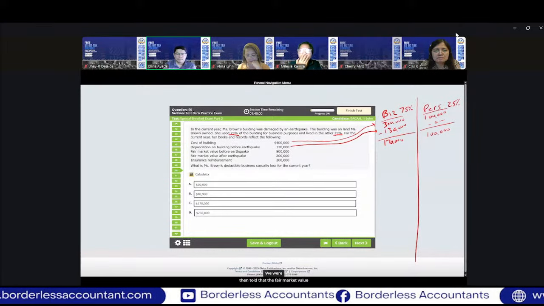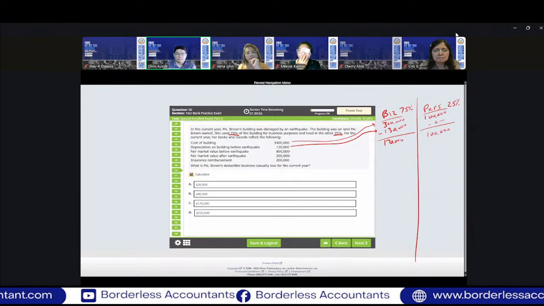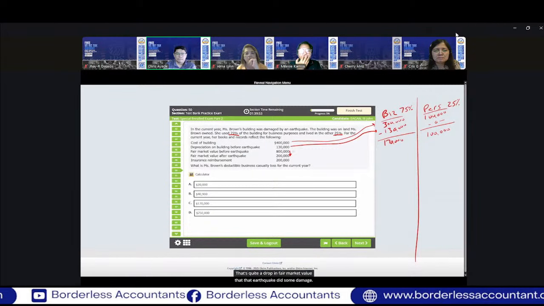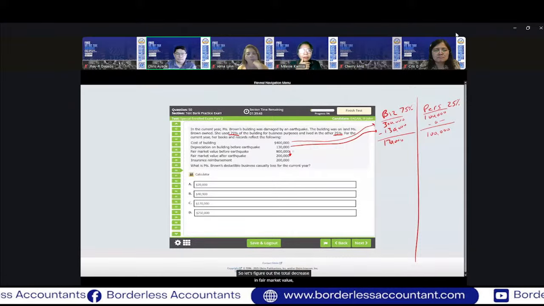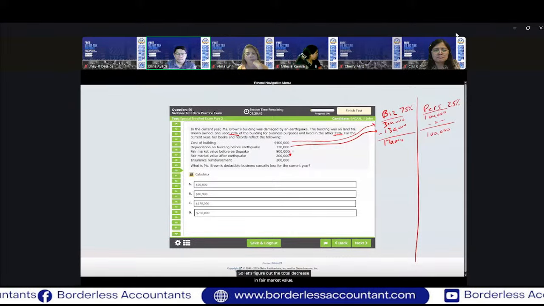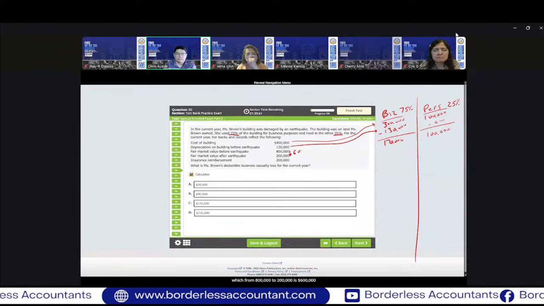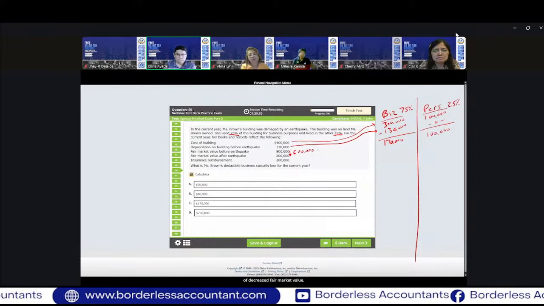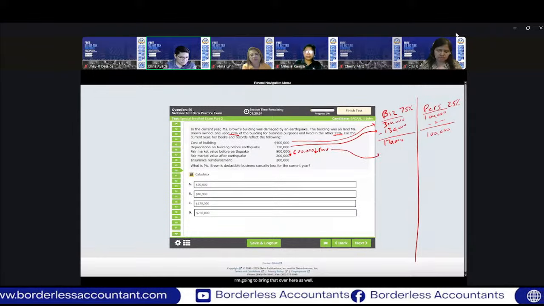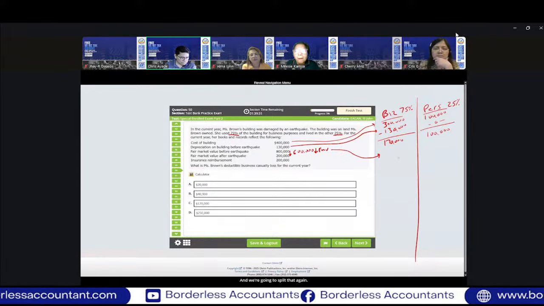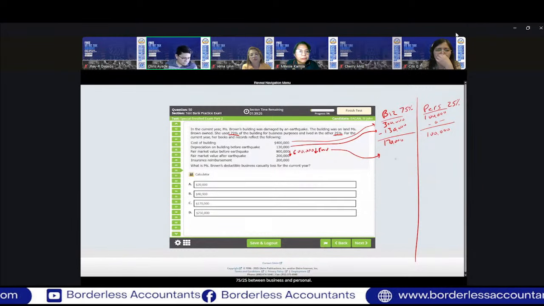We were then told the fair market value before the earthquake and after the earthquake. Look at that drop. That's quite a drop in fair market value. That earthquake did some damage. So let's figure out the total decrease in fair market value, which from $800,000 to $200,000 is $600,000 of decreased fair market value. I'm going to bring that over here as well, and we're going to split that again 75-25 between business and personal.